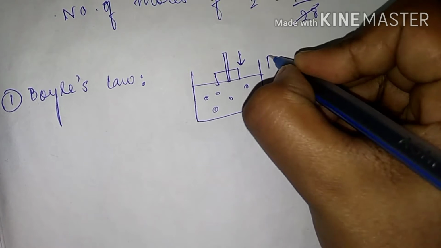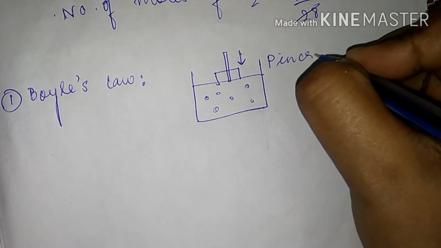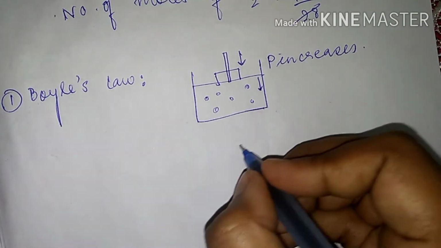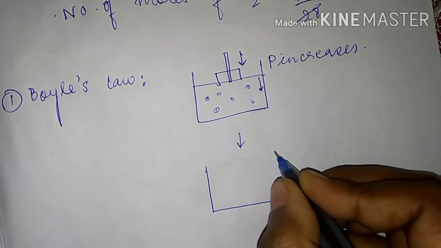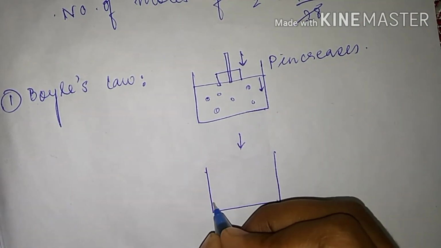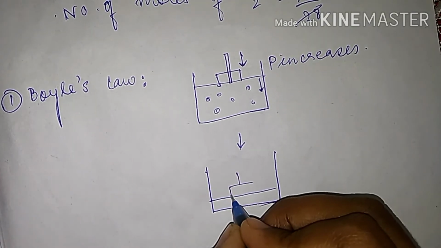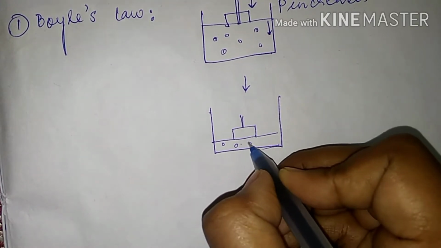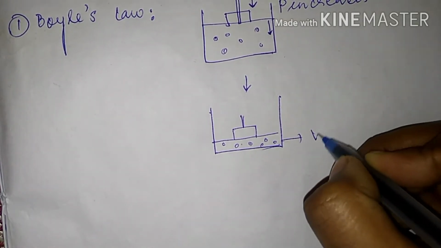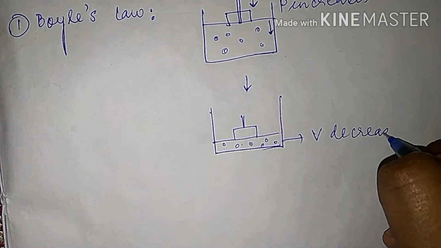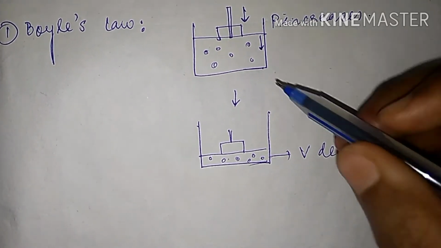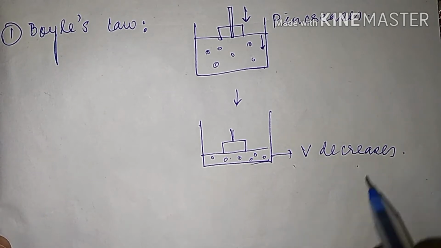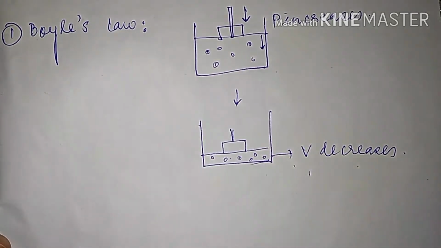So as we increase the pressure and the piston goes down, the volume of the gas in the container is compressed. As the pressure increases, the volume of the gas decreases. This is what Boyle's law states.